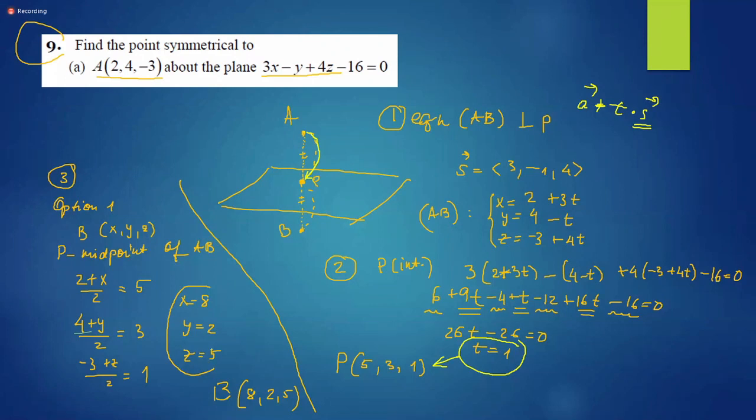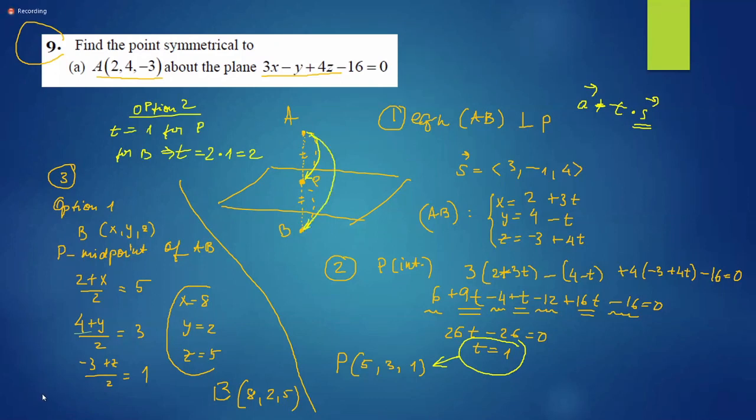So option 2: if t is 1 for P, then for B the t value has to be 2 times 1, twice that, because we take one step from A to P, but 2 such steps from A to B along the same line.